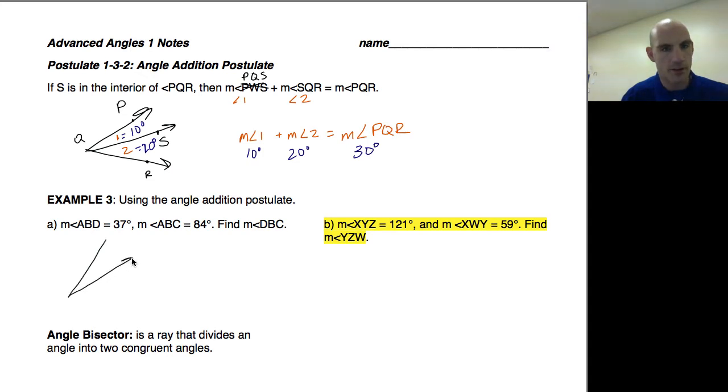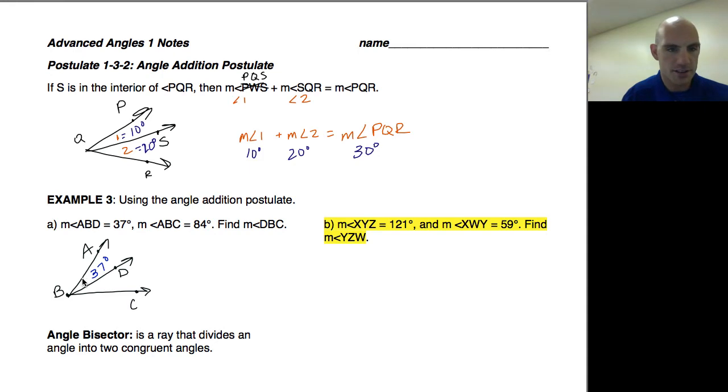If I draw one angle here and call it ABD, notice what happens. I've used this piece of information now. ABC is going to be the big angle.